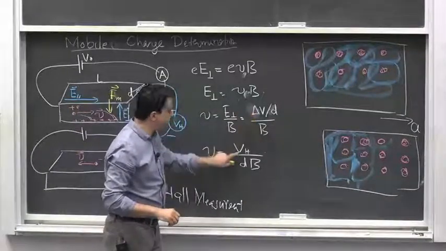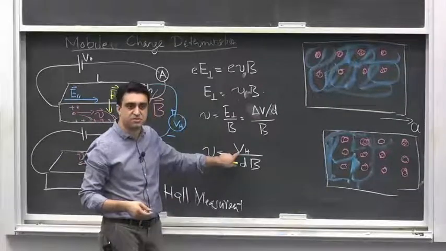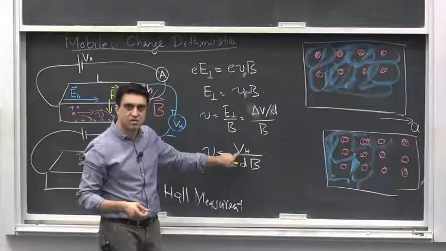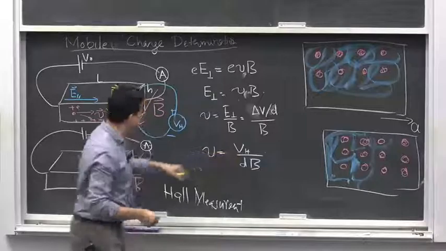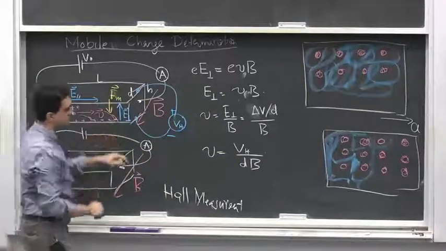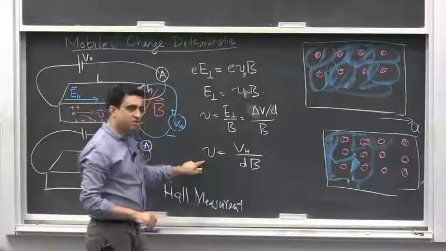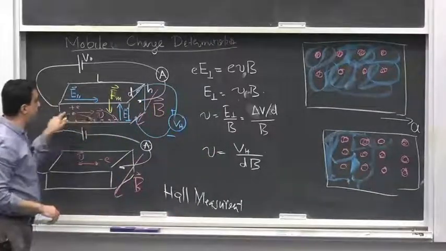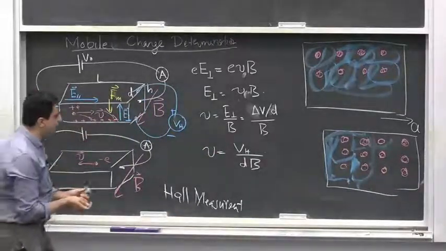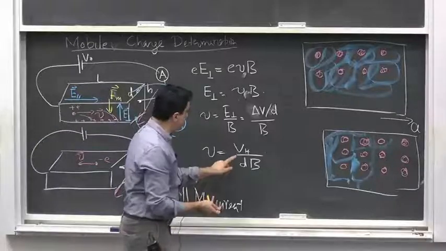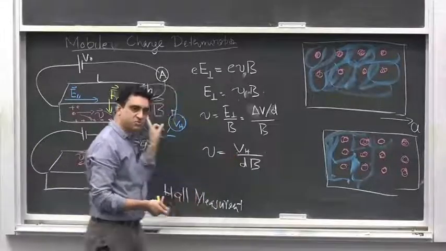So if I replace delta V by Vh, that's the Hall voltage which you would measure if the charges accumulate here. Okay? So what you get is basically the velocity of those charges that were entering. Now the question is, you know this Vh because this is what you are measuring.